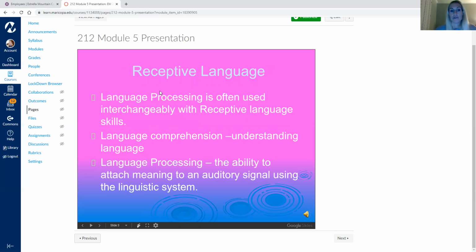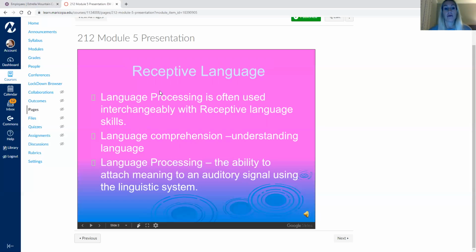So, receptive language. Language processing is often used interchangeably with receptive language skills. We can have a big discussion about processing in another class at another time, but in general these are used interchangeably, although I sometimes view processing and comprehension in two different ways. Your average person using these terms usually means the same thing.